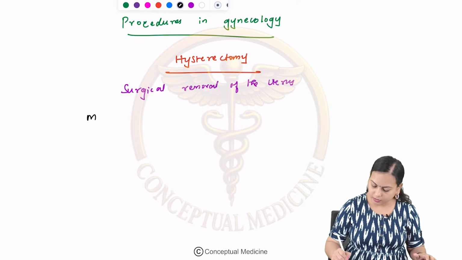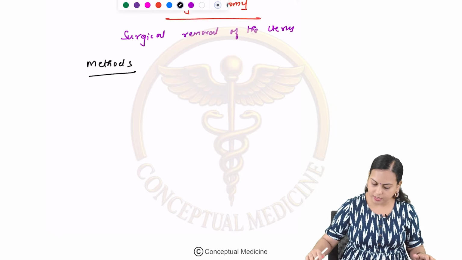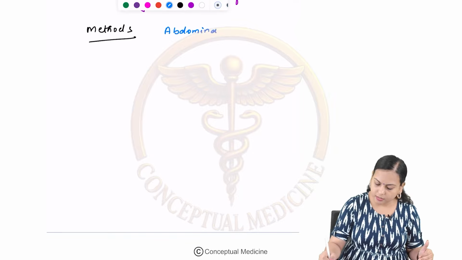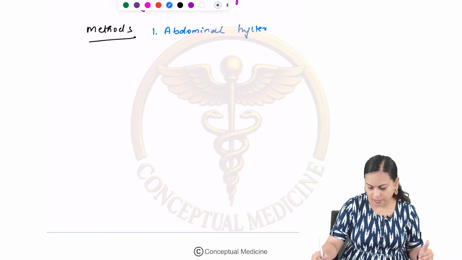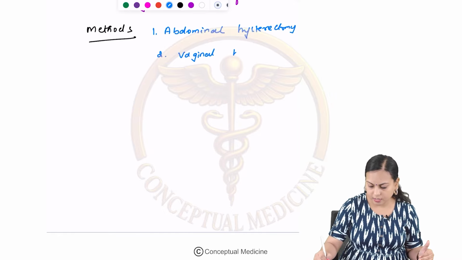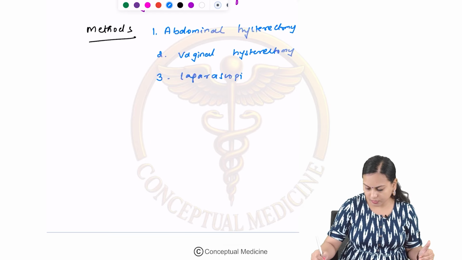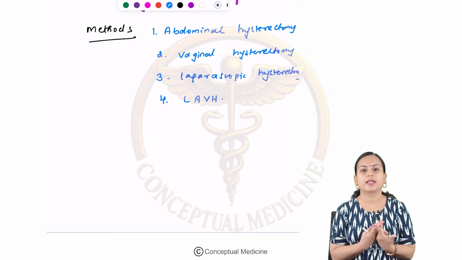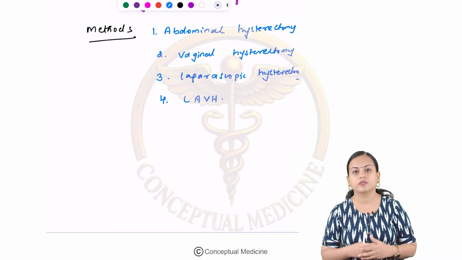The methods of doing hysterectomy include abdominal hysterectomy, which is done through the abdominal route, then vaginal hysterectomy, which is done through the vaginal route, laparoscopic hysterectomy, and it can also be a laparoscopic assisted vaginal hysterectomy, where we will be cutting the uterus through the laparoscopic route and the specimen will be retrieved through the vaginal route.